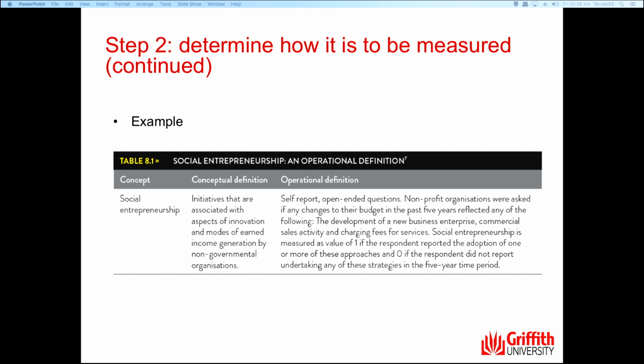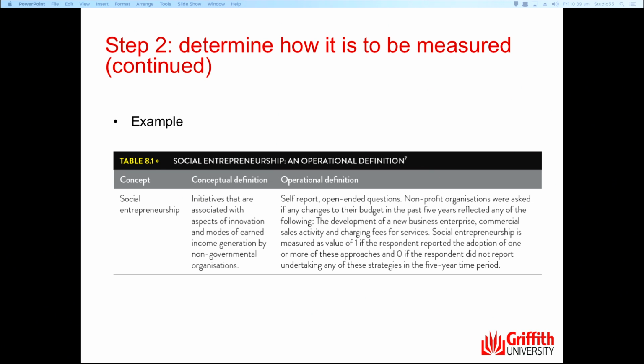Social entrepreneurship is measured as a value of 1 if the respondent reported the adoption of one or more of these approaches, and 0 if the respondent did not report undertaking any of these strategies in the 5-year period.